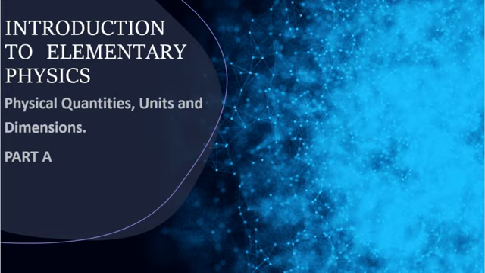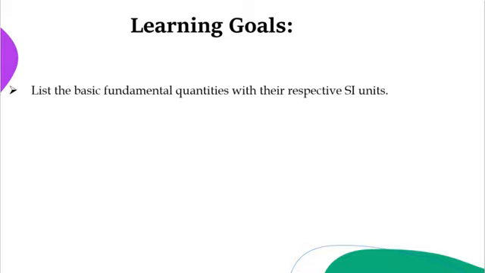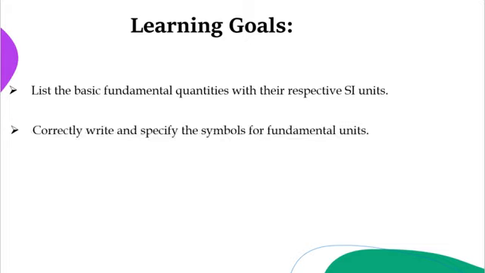All right, as a way of beginning, our learning goals here are to be able to list the fundamental quantities, or the basic quantities, with their respective SI units. I will also talk about the SI system of units in the course of this lesson, maybe in the subsequent videos, if not in this video. Then being able to correctly write and specify the symbols for fundamental units.